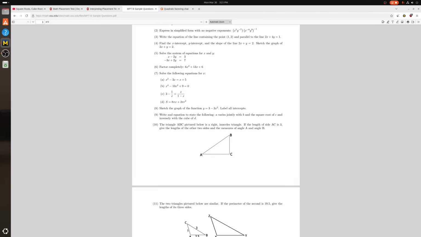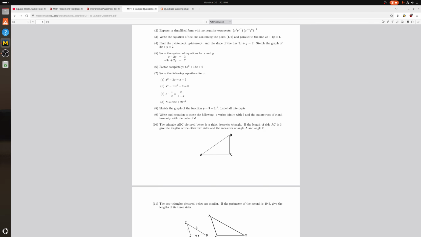Okay. A varies jointly with B, and the square root of C, and inversely with the cube of D. Nice, man. Jordan Peterson applauds, standing ovation.